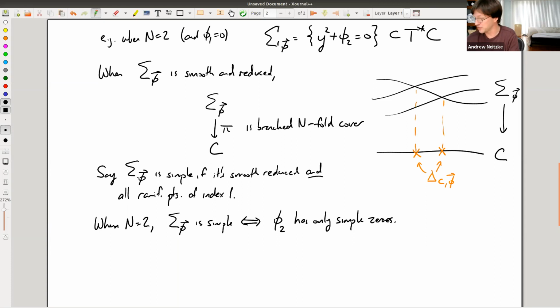In that case, we're just talking about the Riemann surface of the square root. So in that case, simple is actually not an extra condition. The only condition is that it be smooth reduced, and it's smooth reduced exactly when all the zeros of the quadratic differential are simple zeros. And sure enough, a generic quadratic differential only has simple zeros. So in that sense, that's the generic condition.